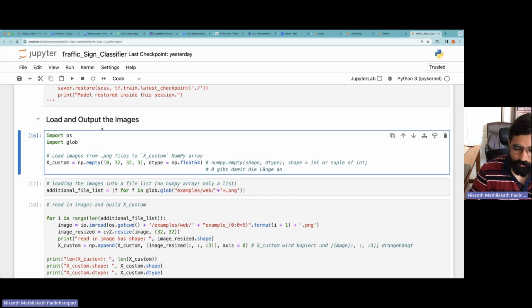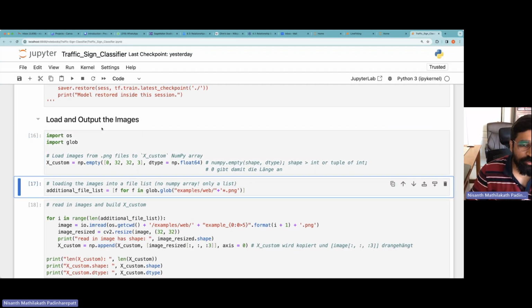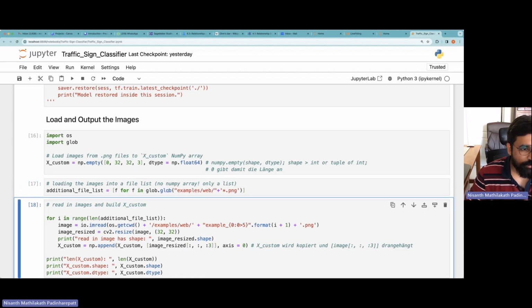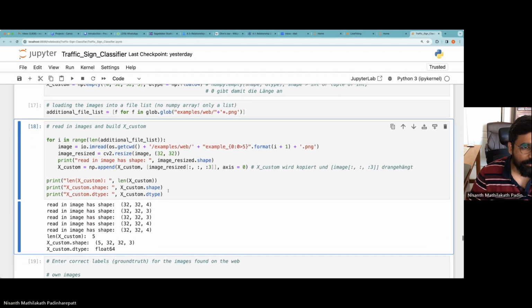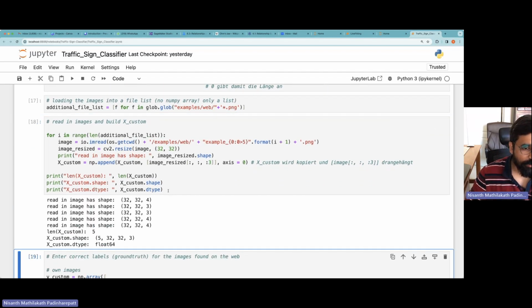We will download some images from the web. It is already downloaded and saved here, in the examples web images folder. These are not used for training; they are some new images I've downloaded. Let me read in those images. There are 5 images, again 32 by 32 images.